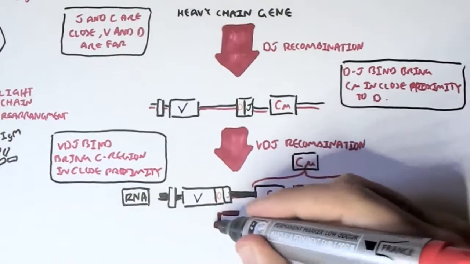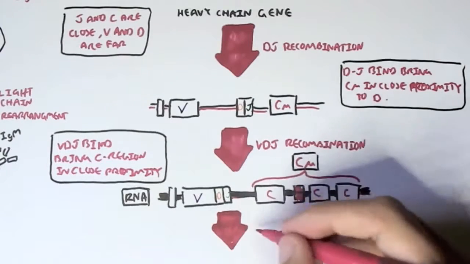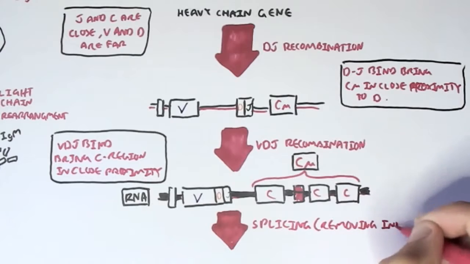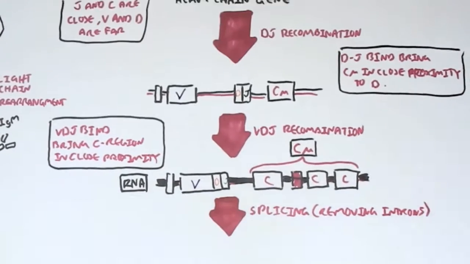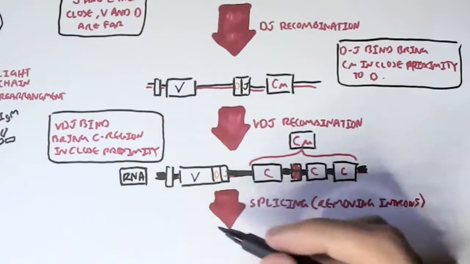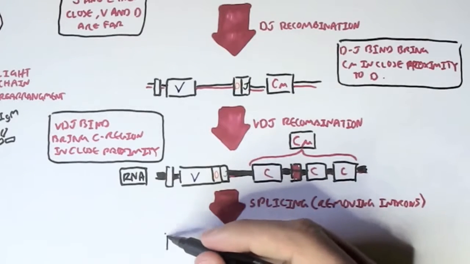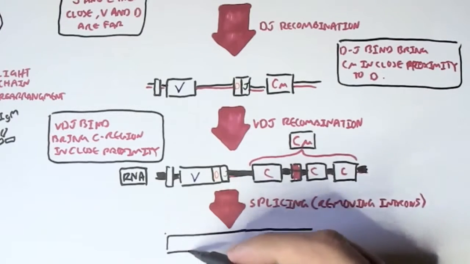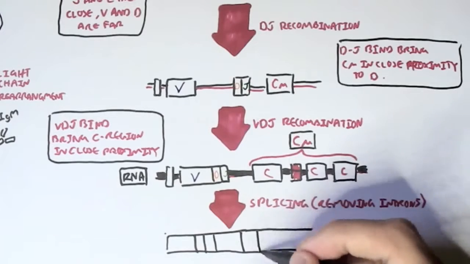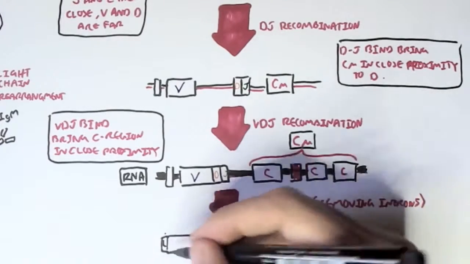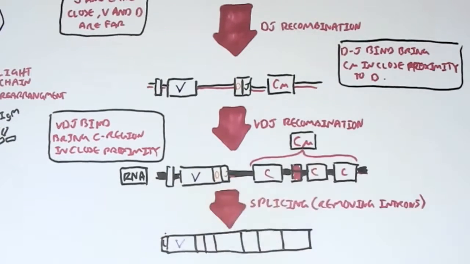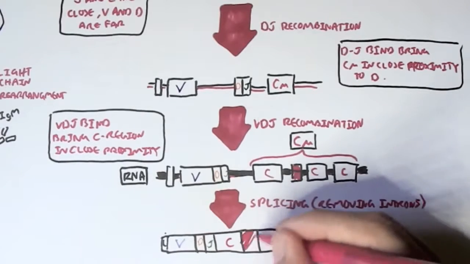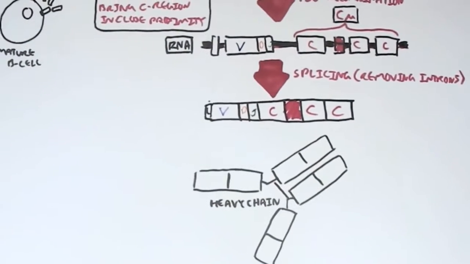Following VDJ recombination, this will actually be transcribed to produce an RNA. So this whole sequence now of VDJ and constant is an RNA. And because it's an RNA, we still have introns, and from splicing, this will remove the introns within that particular gene. And then once the introns are removed, it'll become mRNA, which will then make protein.